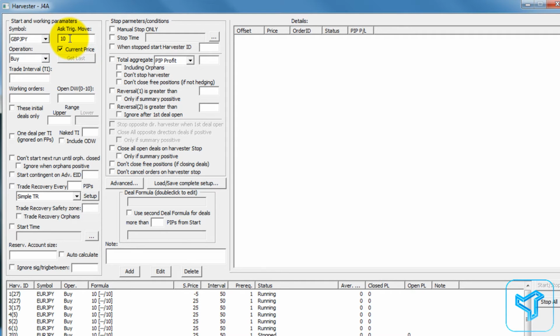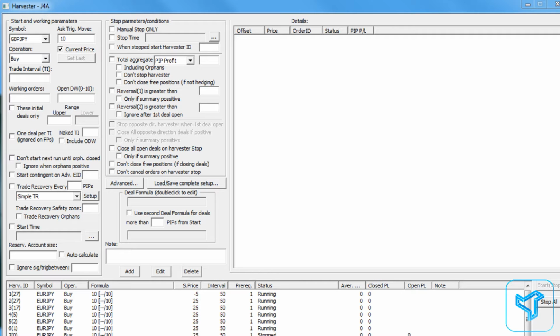This tells the platform to start trading if the market should move 10 pips from the current price in the direction of our trade. Now you may be asking, how do I know whether or not this 10 pip move is part of a larger trend in the direction of my trade? We'll get into that a little bit more when we go into the advanced harvester setup, where we'll let market signals make that decision for us.